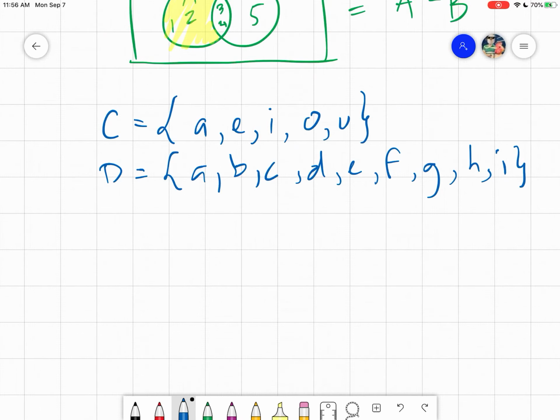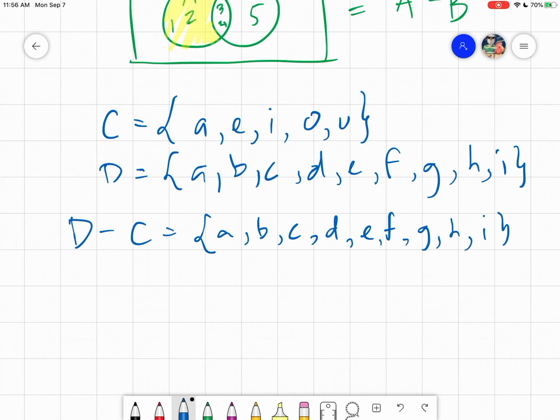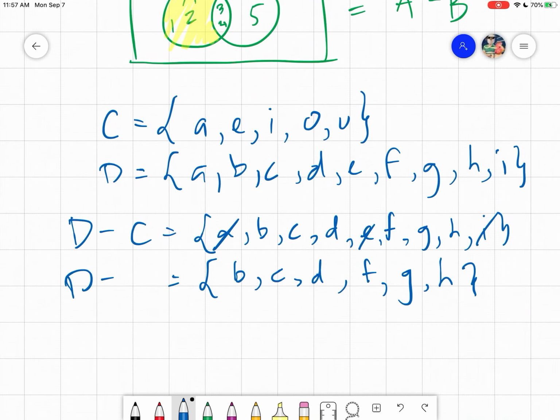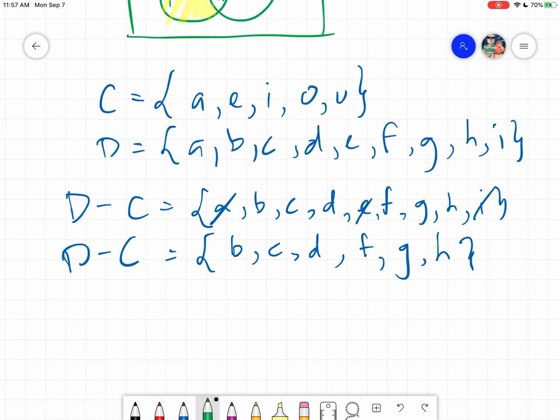Hanggang diyan lang yung set D kasi universal set natin yung all letters. So, pag sinabi natin D minus C, I will list down the elements of D minus yung elements ni C. At ang elements ni C ay just simply A, E, and I. So, anong matitira? That would be B, C, D, F, G, and H. And this is D minus C.